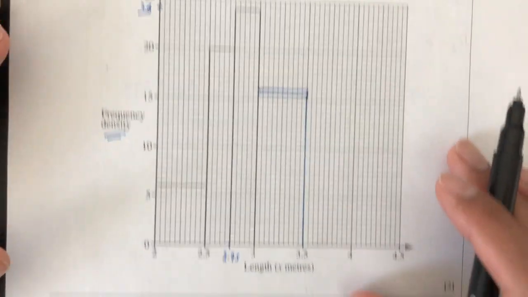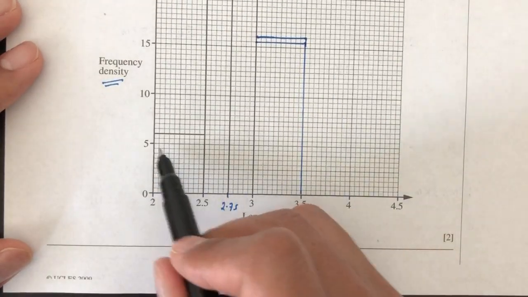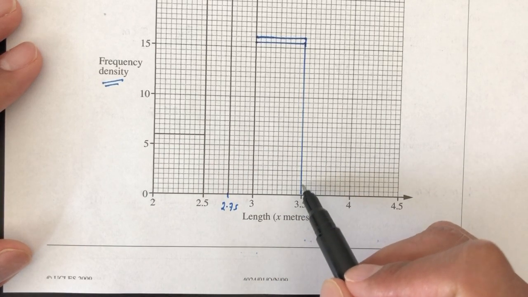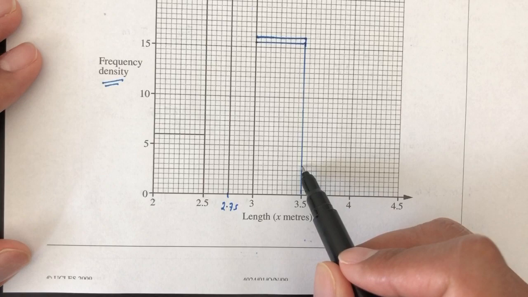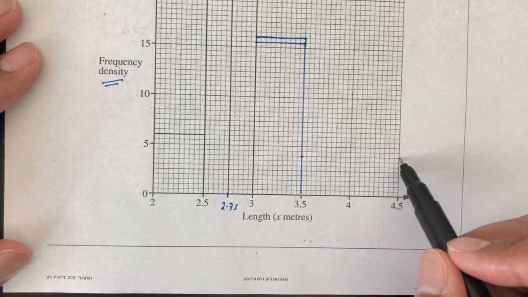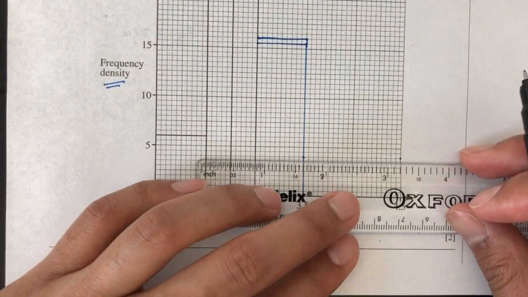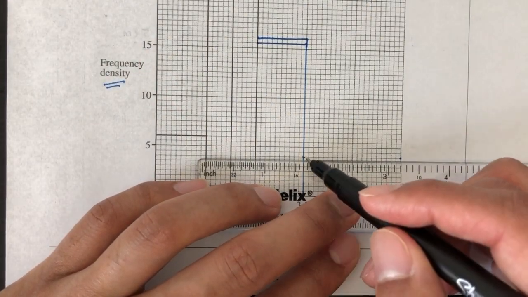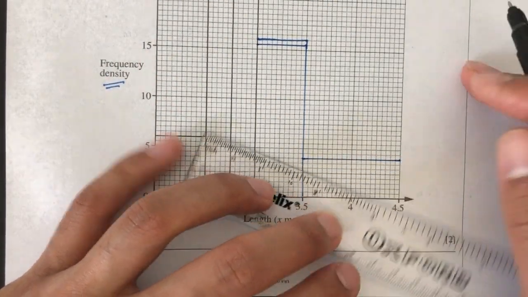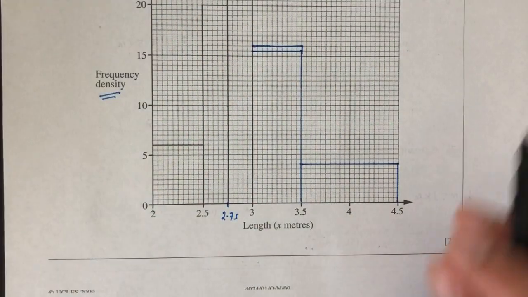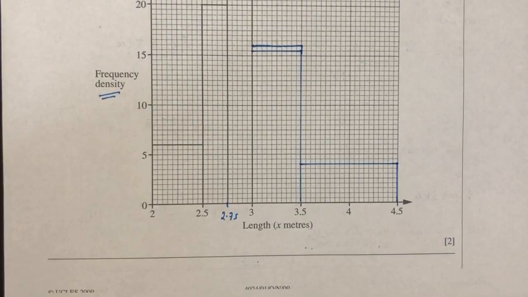Not this one, okay. So 4 will be, this is 5. So 4 will be 1, 2, 3, and 4 will be here. Okay. That will be your histogram for this question. So here it is. Okay. So that is question number 17.